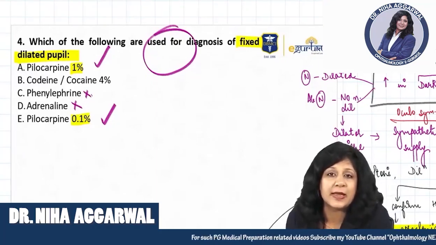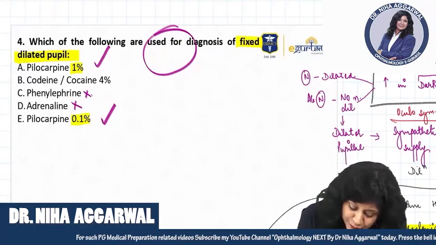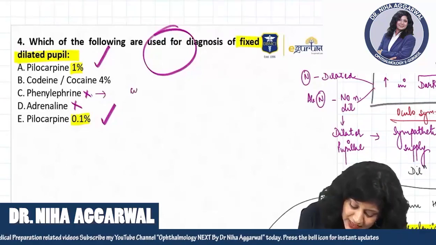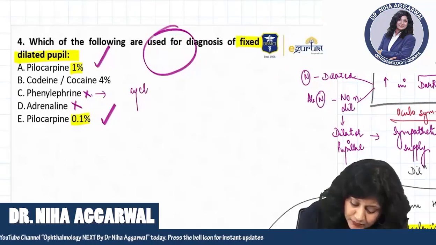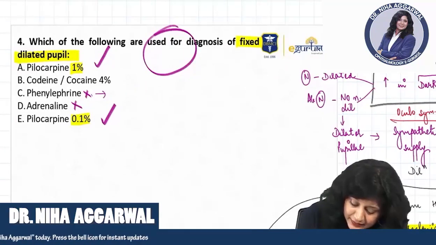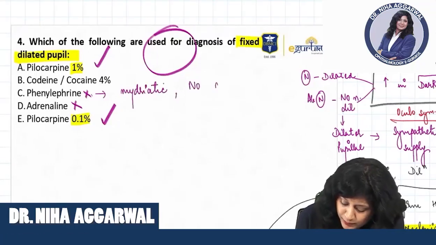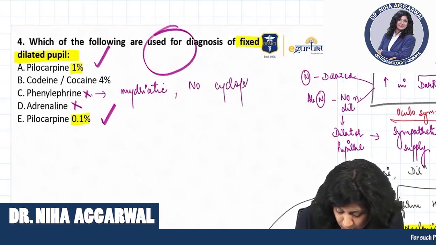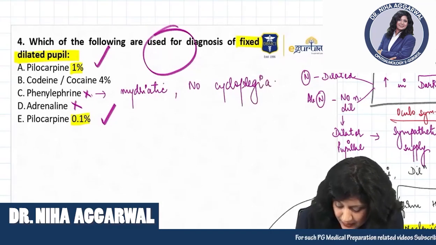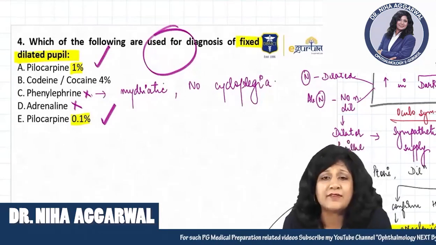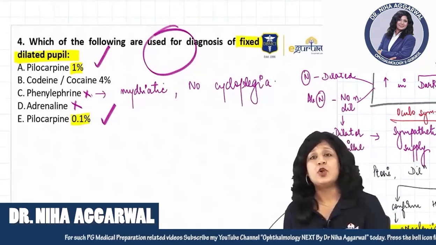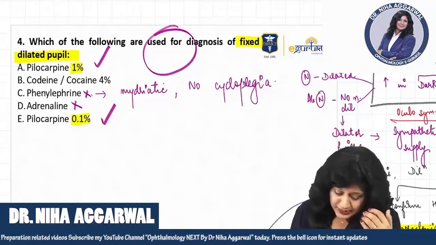Why should I use them? Because phenylephrine is just a mydriatic, and there is no cycloplegia. So this is a mydriatic.